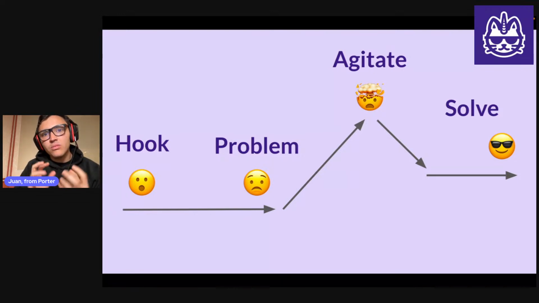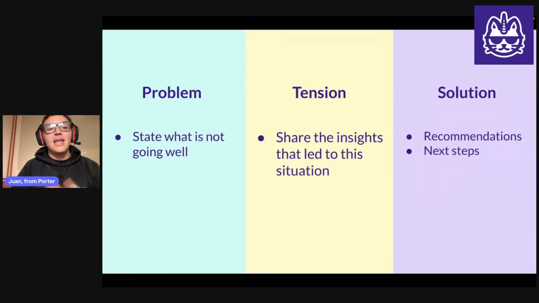So I want to show you a new surprise. For this presentation today, we told you that by the end of this presentation, we will give gifts to our audience. So we want you to stay here because there is a hook. There is something that calls your attention, that makes you want to read more, that makes you want to know more. So the first thing is the hook. Now let's go to the next things. The problem is showing what is not going well.